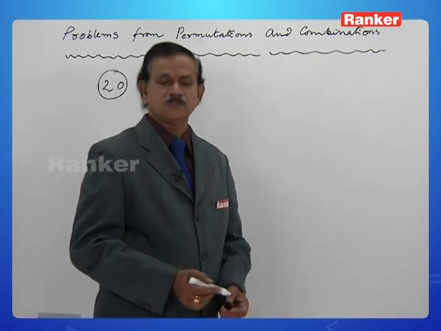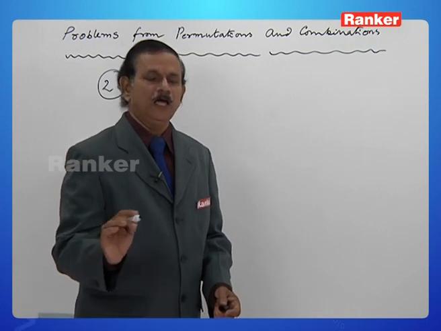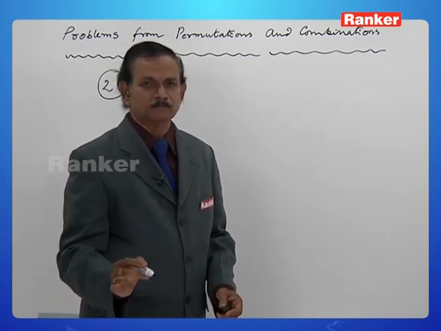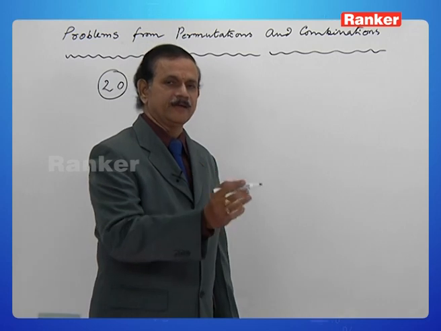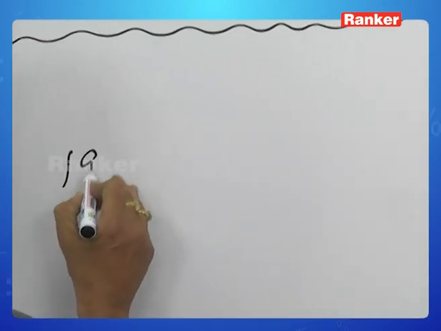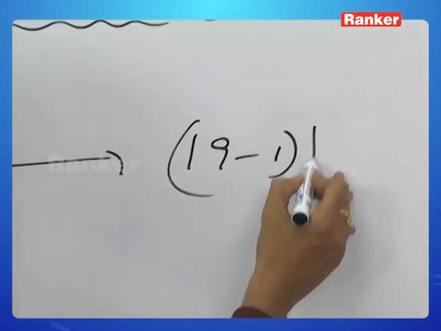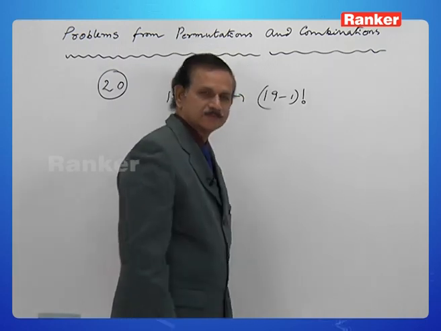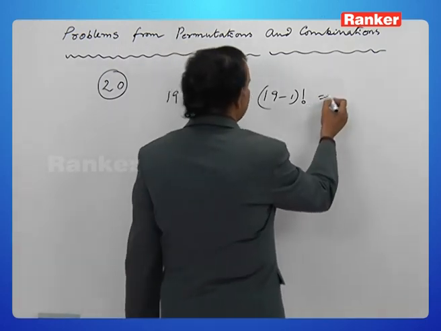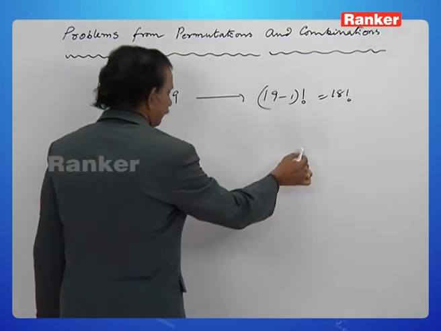Let us call those 2 brothers A and B. I am first of all excluding B in the beginning. So, in the remaining 19, A is also included. Those 19 persons in a circle can be arranged in 19 minus 1 factorial ways. There is 18 factorial ways around a circle.